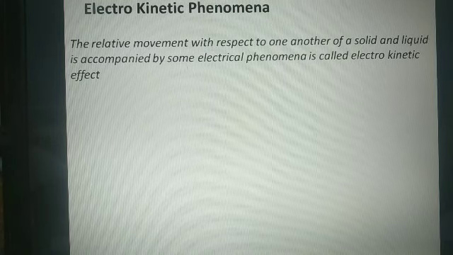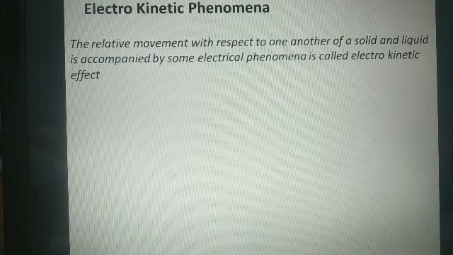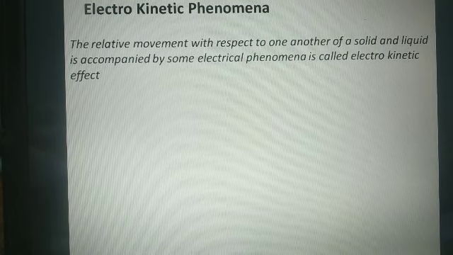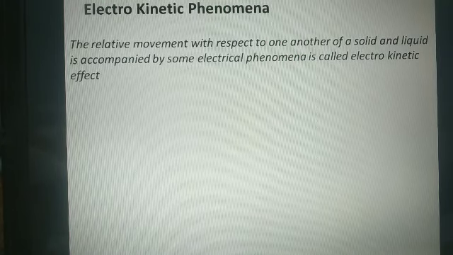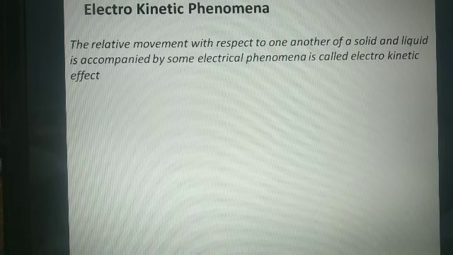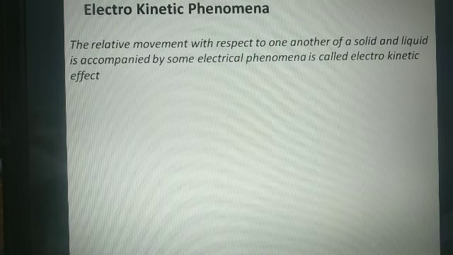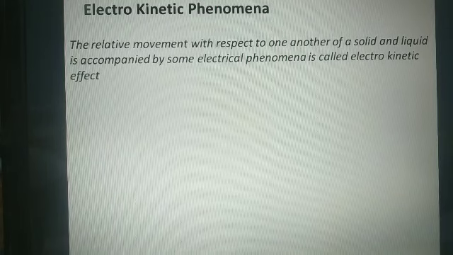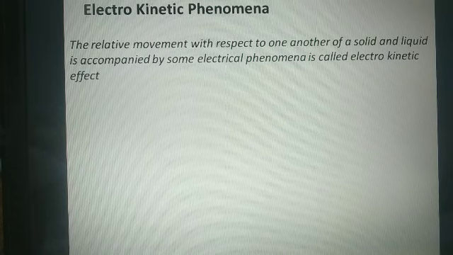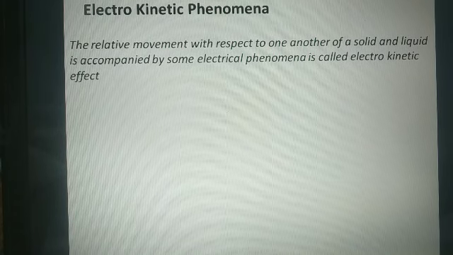Simultaneous movement of both is also feasible, but for the time being, what we are going to discuss here, we fix one of the component, that is the solid component, and the liquid component is moved relative to the stable solid component. How this may be achieved?